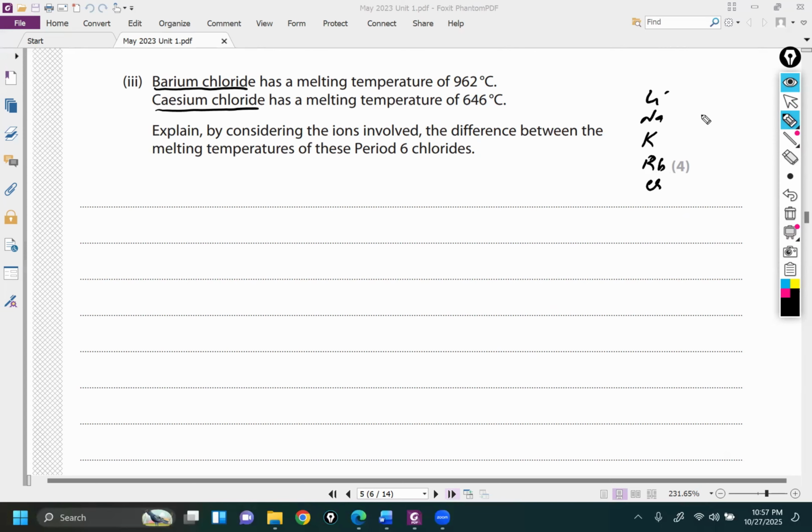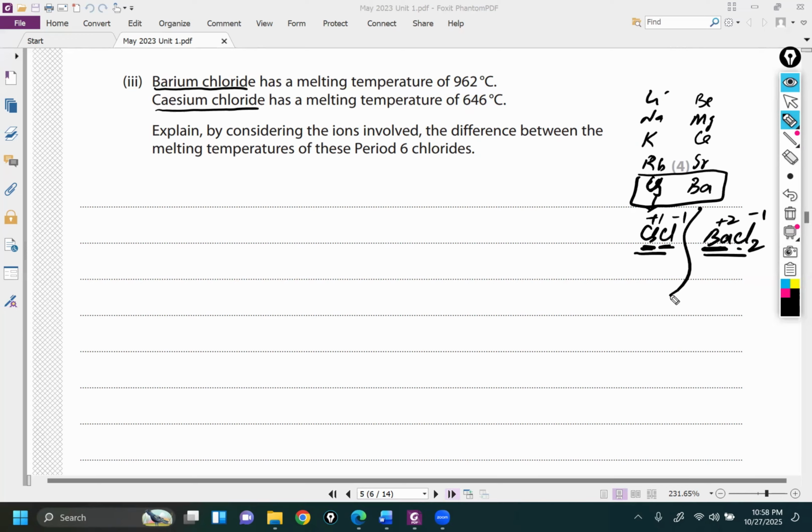And here, beryllium, magnesium, calcium, strontium, and barium. So cesium will give cesium chloride and barium will give barium chloride. Both are ionic compounds. This is +1 -1 and this is +2 -1. Now, dear students, when such a comparison question comes, you will just take this and this. Chlorine is common, so no need to discuss chlorine. You will only and only focus on cesium and barium. Why? Because in both compounds, the main point of difference is cesium and barium.